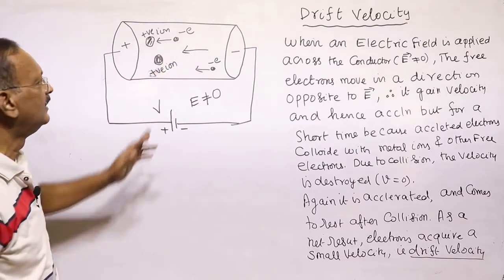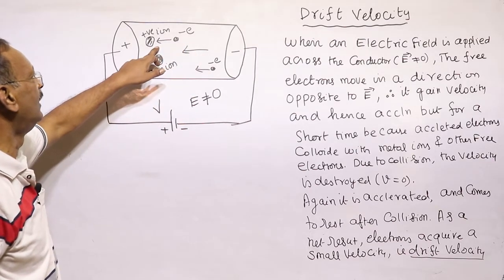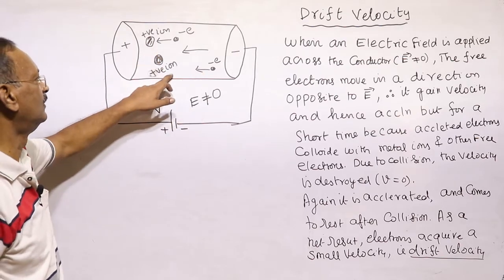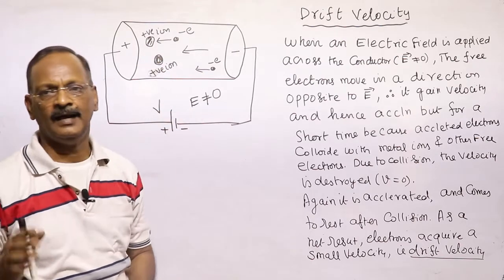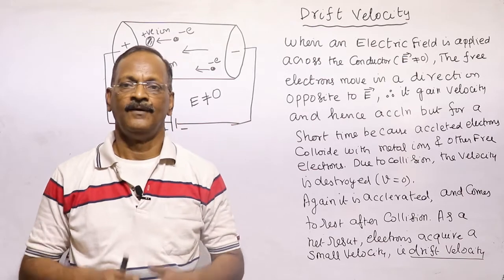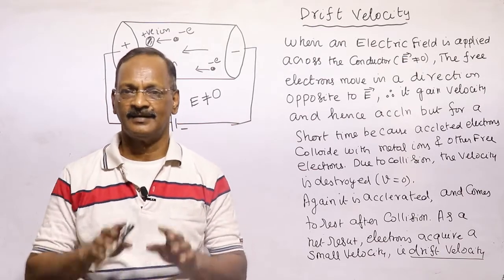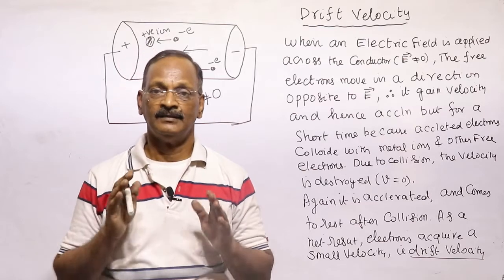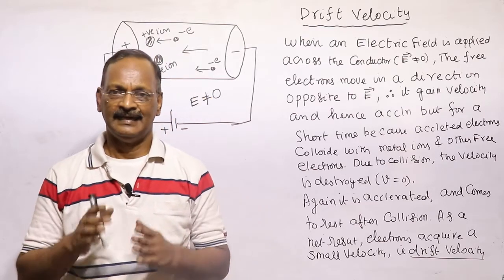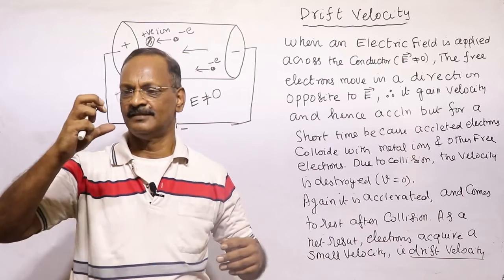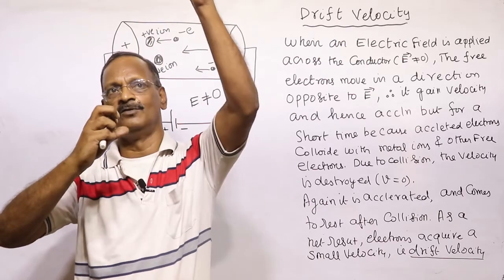It cannot move freely. While moving, it will collide with the positive ion, and all the free electrons will collide with the positive ions and the other free electrons within the conductor. There exists a collision, and it will move on like this.